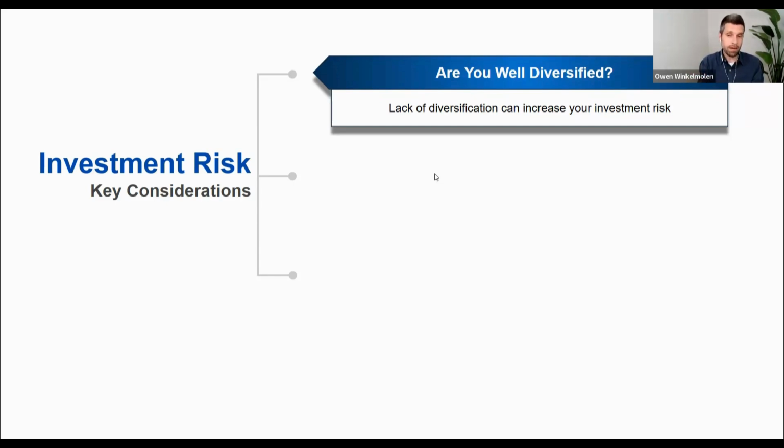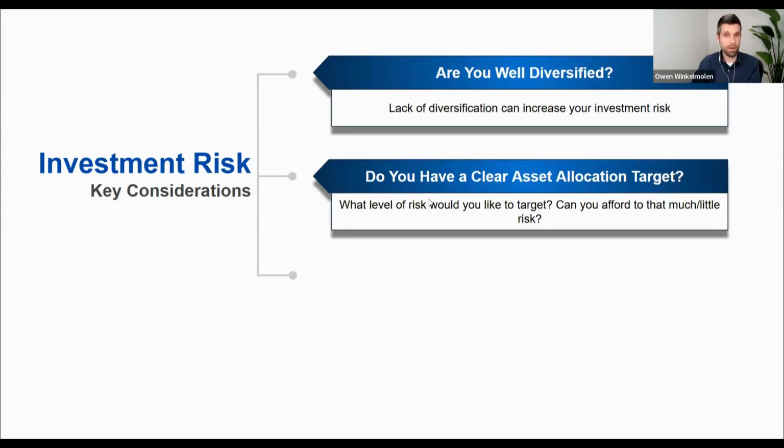When we look at success rate, when we look at some of the analysis, it's important to highlight that the analysis always assumes that you have a fairly high level of diversification. So the more concentrated your portfolio, potentially the higher returns, but also potentially the higher risk. Now, the other one here in investment risk is, is there a clear asset allocation?